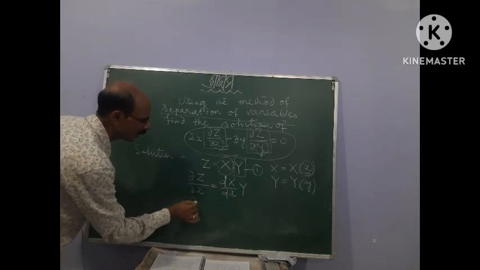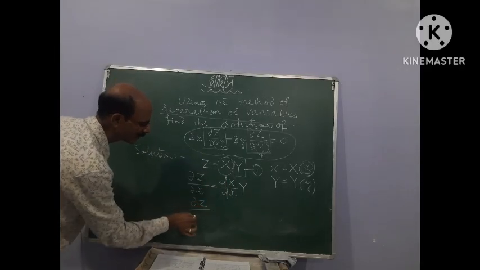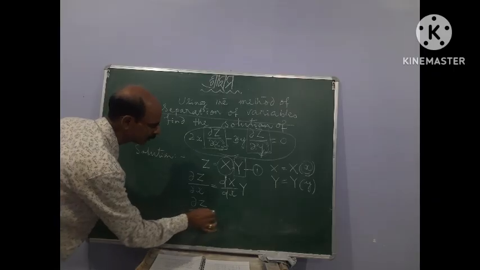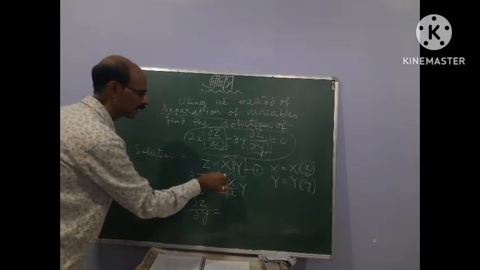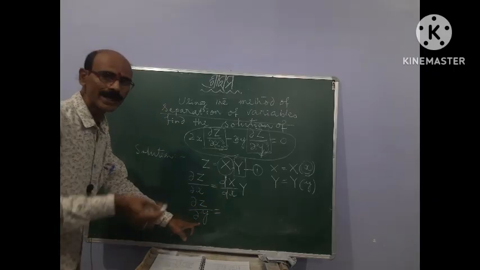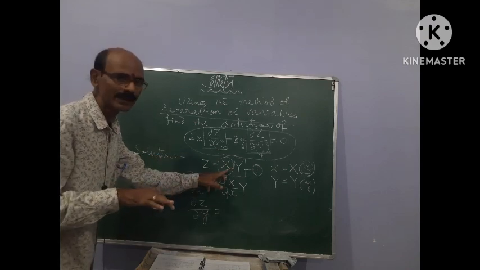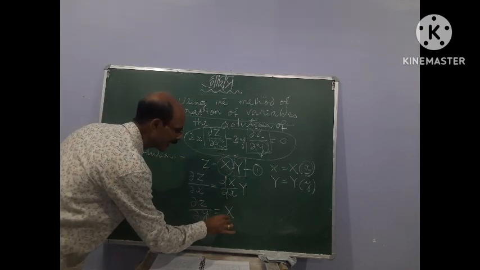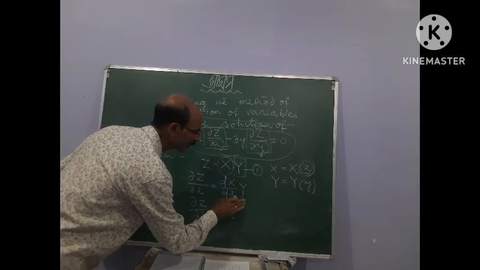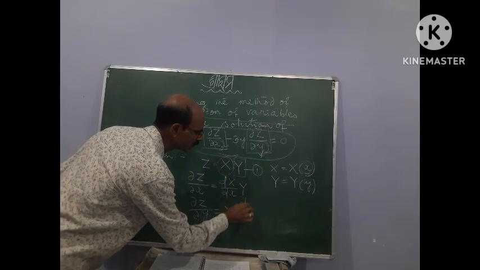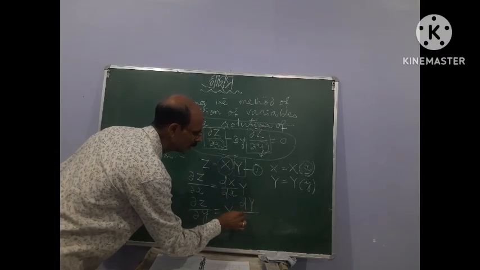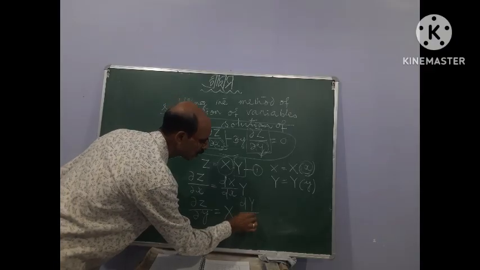Similarly, I can write del z by del y is equal to, here we are differentiating with respect to small y, so this capital X will be constant, and I can write the full derivative X dY by dy.